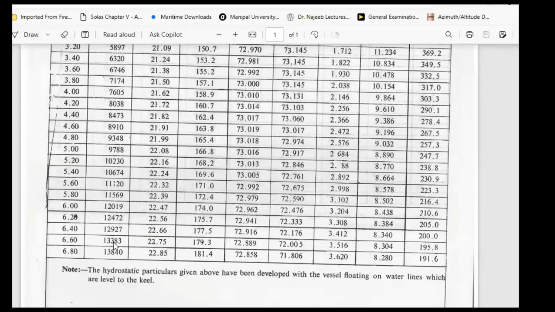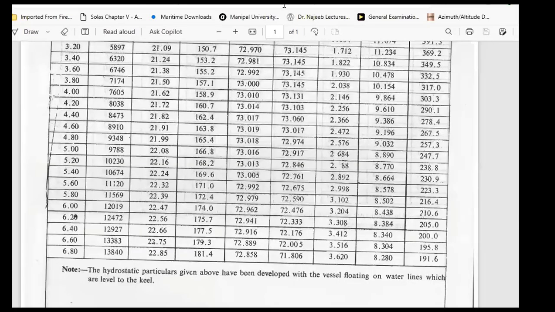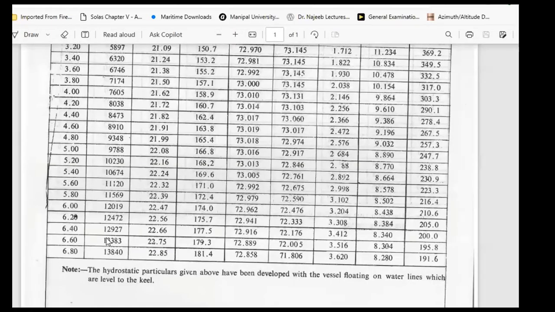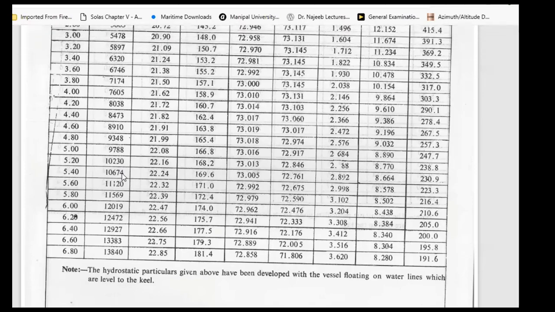So it is going to vary somewhere between 6.6 and 6.8? No, sorry, between 6.0 and 6.2. I made a mistake. 12019, 12472. So it is going to vary between 6 and 6.2.